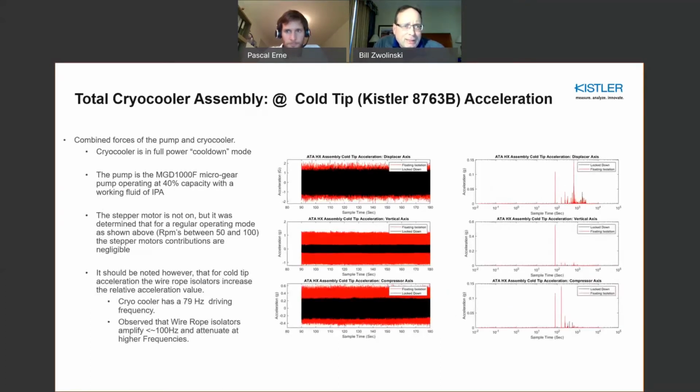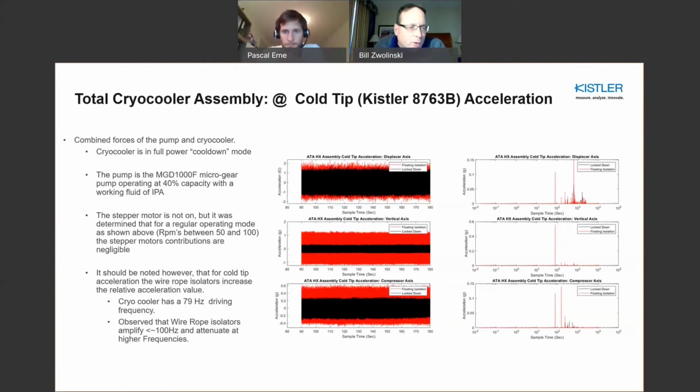What we did find was that with the cryocooler assembly and the cold tip, the wire rope isolators basically were found to have an amplification at lower frequencies. And one of the attributes of the cryocooler is it did have a less than 100 hertz driving frequency.